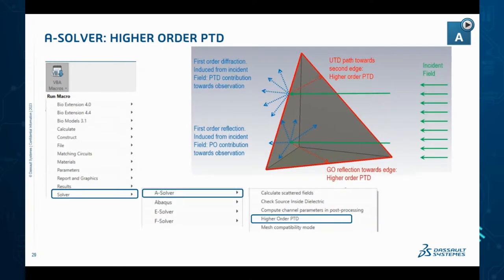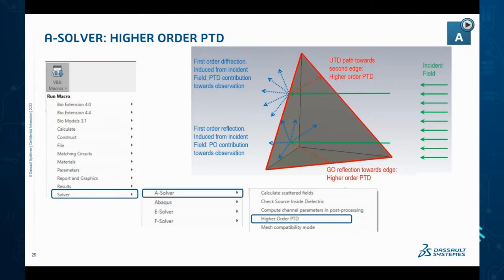Continuing with the A solver here, we also have a higher order PTD, or physical theory of diffraction, calculation. And what does it mean? First, let's just make clear that the UTD that I mentioned in the previous slide and the higher order PTD are two independent features. The normal PTD calculates the fields only when the edges are illuminated directly by our source.